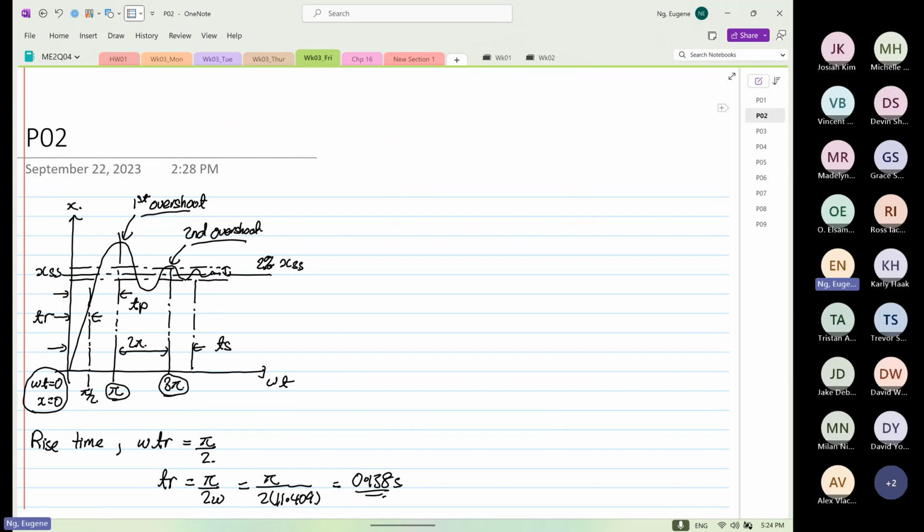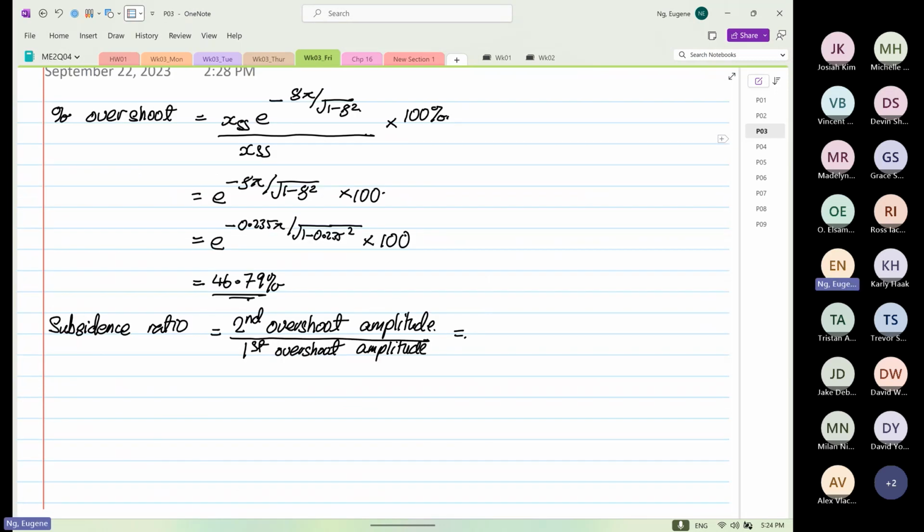So from here, we know that this will be equal to e to the minus zeta 3 pi over square root of 1 minus zeta squared. Divide, and that's the x-axis over here. Okay.